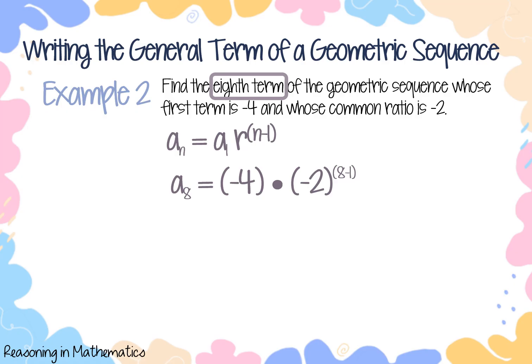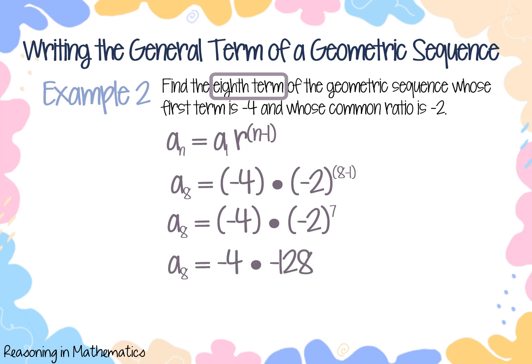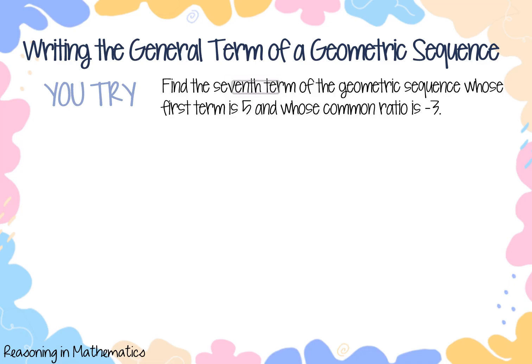Make sure you have it in parentheses, -2, raised to the 8-1 power, n-1. 8 minus 1 is 7. That's what I would put in my calculator. And a sub 8, the 8th term of that geometric sequence, is 512. That's example 2.